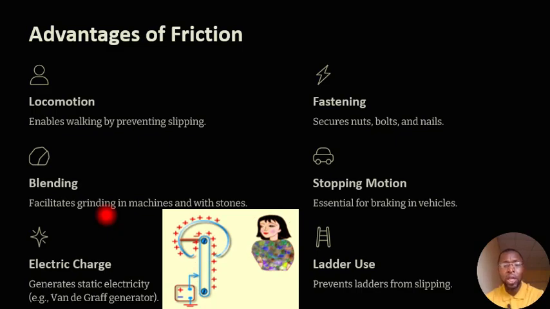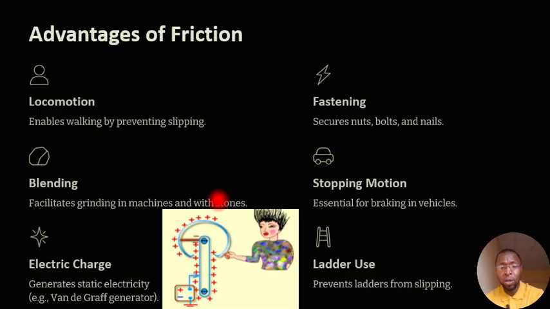The grinding machine will not be able to blend because it will be too smooth. So instead of blending, it will just be slipping around the tomatoes. So with the principle of friction, you are able to blend. And also using stone. In the past, we used stone in blending. It is because of friction between the stones that you could blend with the stone.